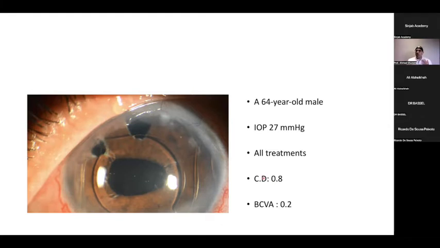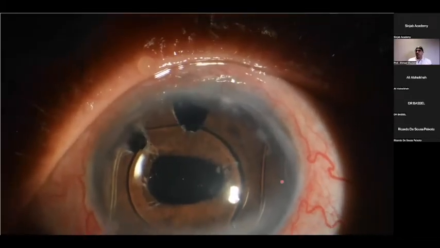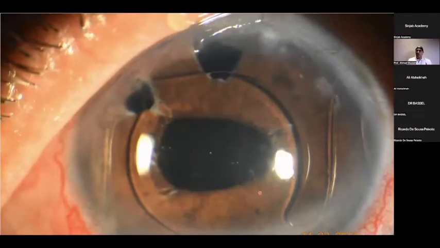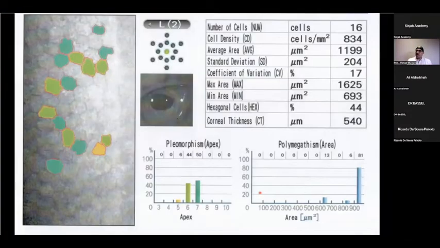Here comes the debate: shall I go for diode cyclophotocoagulation? Shall I go for a valve? Anyway, I thought, he's a one-eyed patient, and the condition of the conjunctiva and the eye was not very bad, so why not try to place a valve? But when I go for an eye like that, I need to think of the endothelial cell count, because definitely this is a complicated surgery.